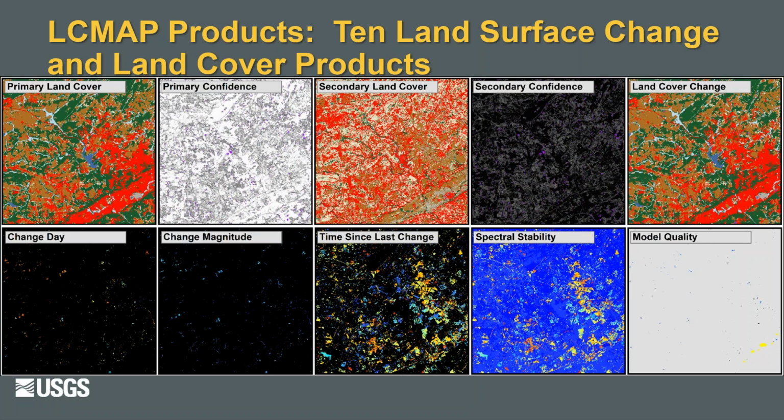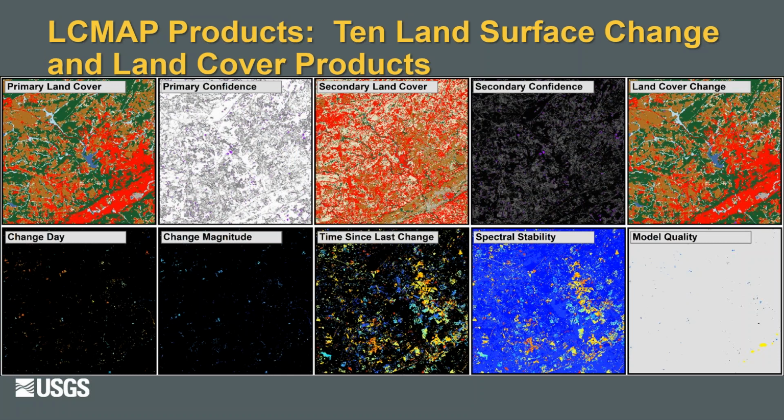And XGBoost, because it's a kind of tree process with boosting, can give you land cover at the primary confidence and the secondary confidence. That's due to this XGBoost process. And then the last product is land cover change, which is really derived from primary land cover over time.